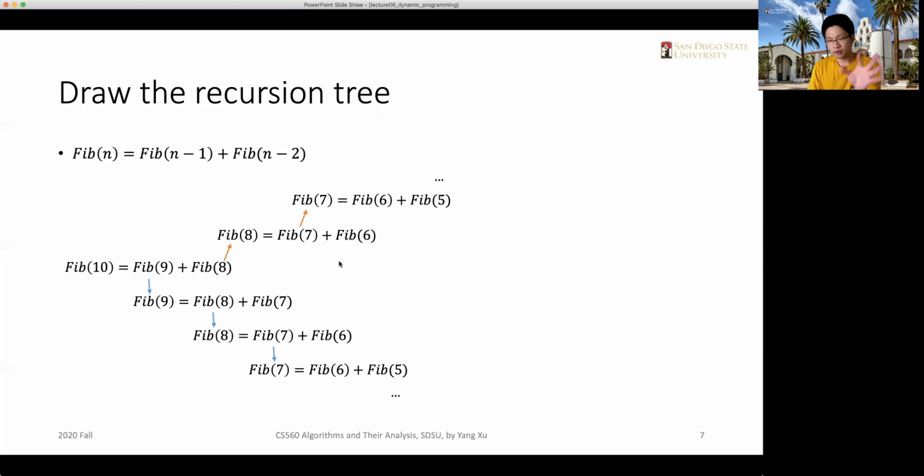I only showed 2 branches here, not to mention all the other nodes. In order to solve these problems, the recursive functions will have to incur more recursive calls, okay? So did you see the problem now? There is a lot of repeated computation, right?